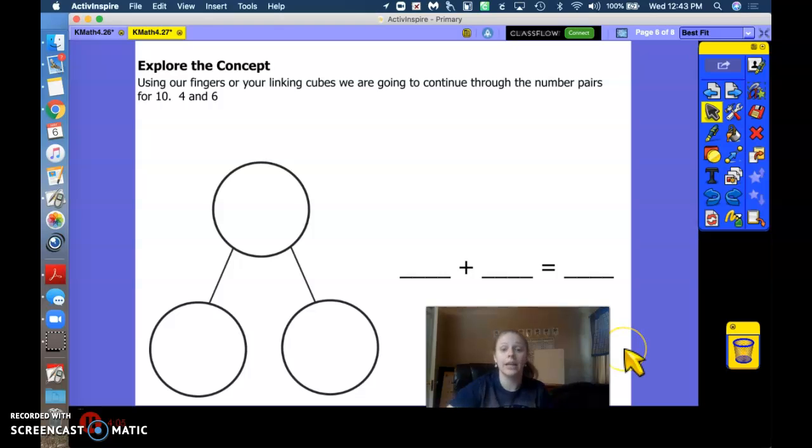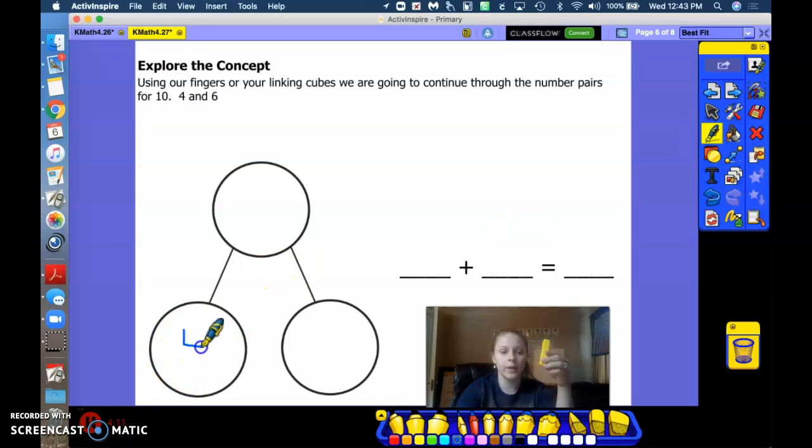All right, using your fingers or your linking cubes, we're going to continue through the number pairs for 10. Let's start with 4 in one of our parts. So if we have 4 in one of our parts, and all together we know that we have 10, see if you can figure out the missing number. How many do we need to put with 4 to make 10? Good, so we can start with 4 and then count up and stop at 10.